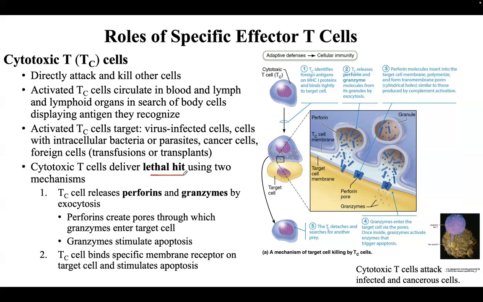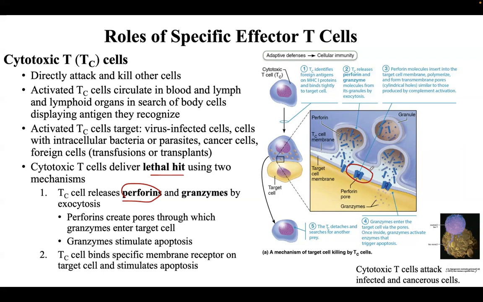The TC cell will start producing a molecule called perforin. Perforin can actually perforate, okay? And granzyme. So perforin creates pores on the target cell. Suppose a bacteria-infected cell: the TC cell will produce the perforin, which will create a perforin pore, basically a hole through the membrane of the infected cell.